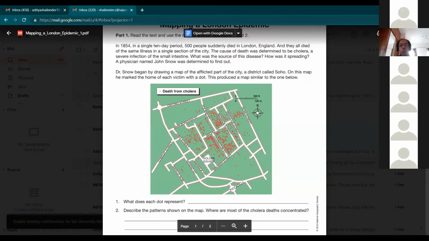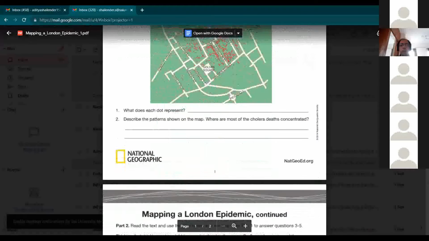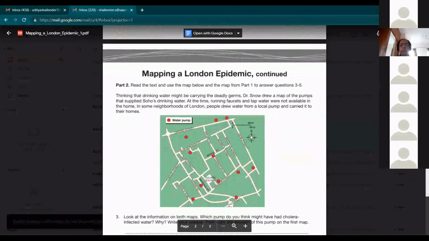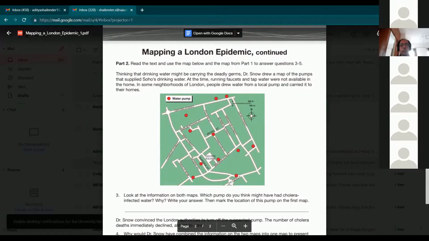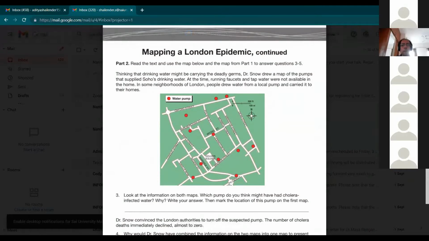And what Jon Snow went on to do was to overlay on that the next figure. Do you see this, the one with water pumps? Are you able to see a map with water pumps? Yes. So yeah, go ahead. Hello?